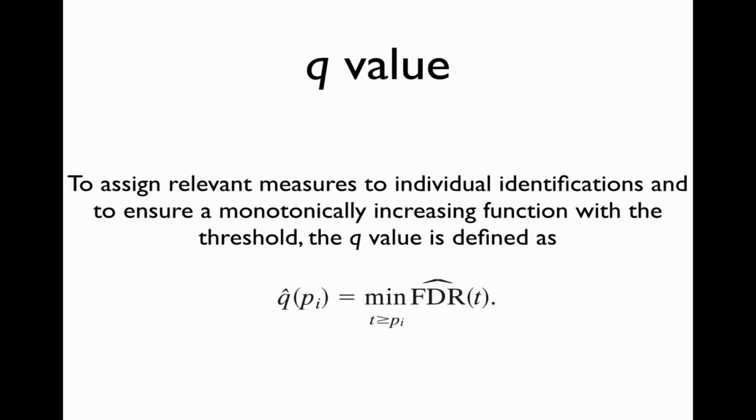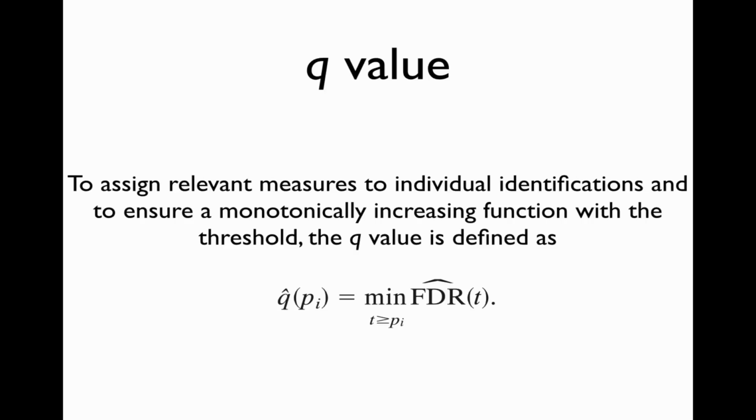Storey and Tibshirani also go on to define what they call the Q value. That is the minimal false discovery rate that includes the current p-value. So it's a way to ensure that we get an individual false discovery rate for each individual p-value, as well as a monotonically decreasing function with the threshold.